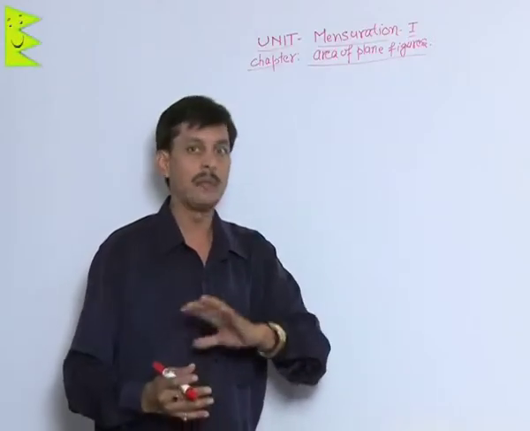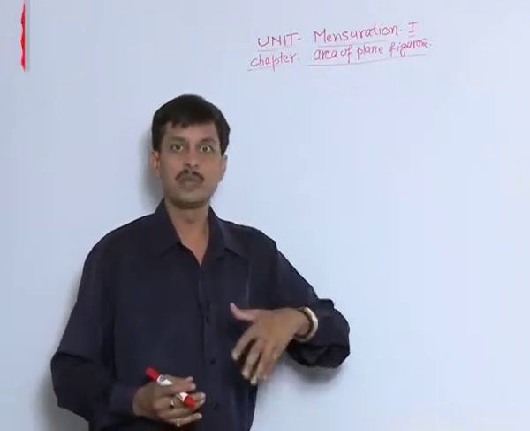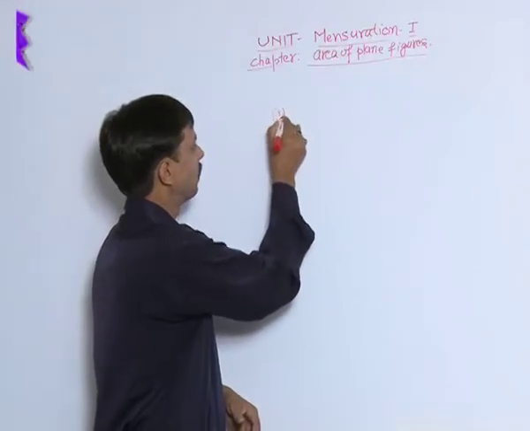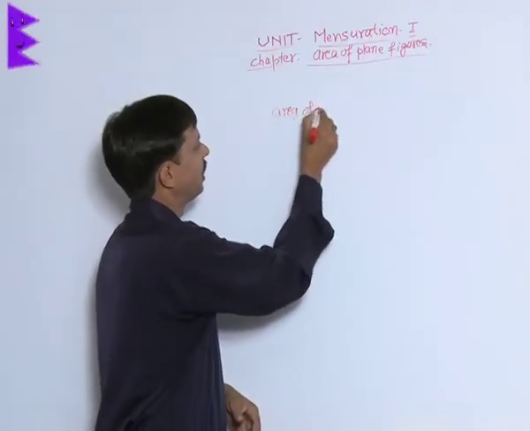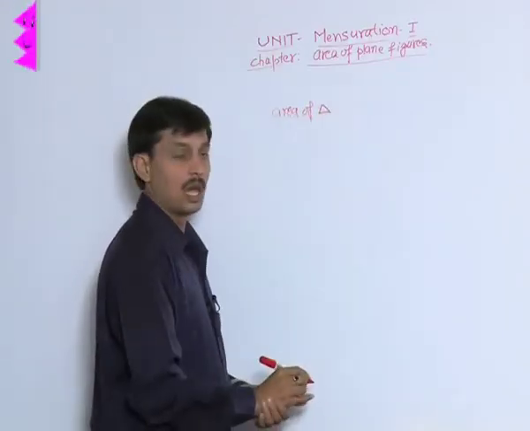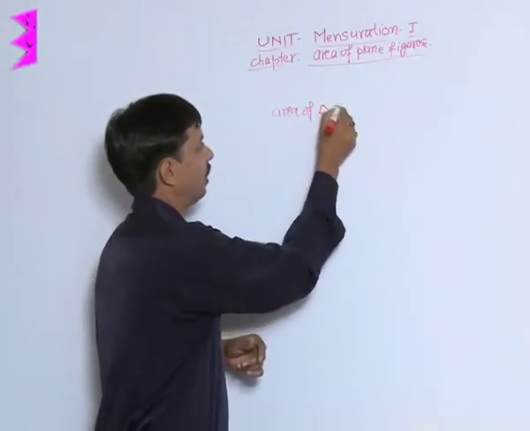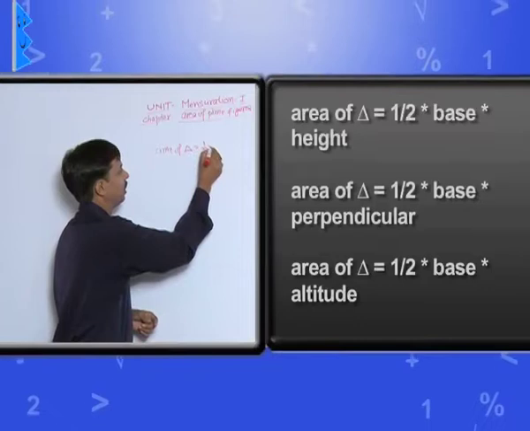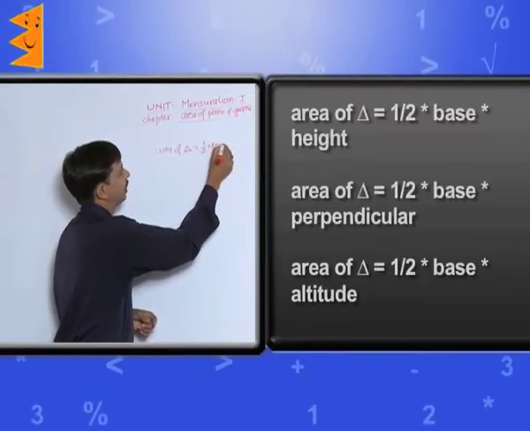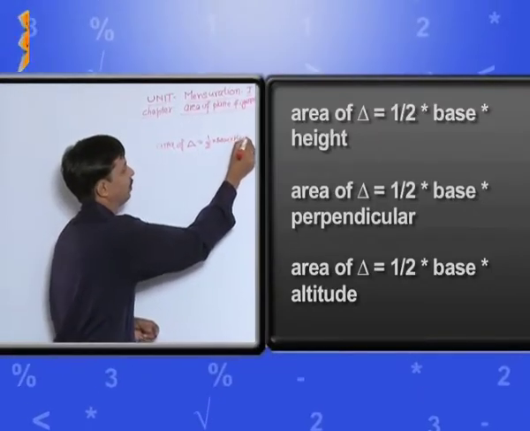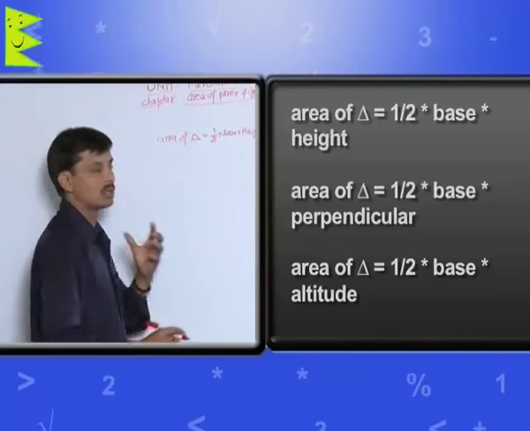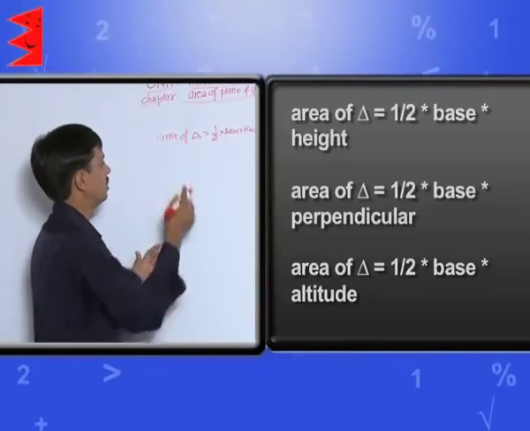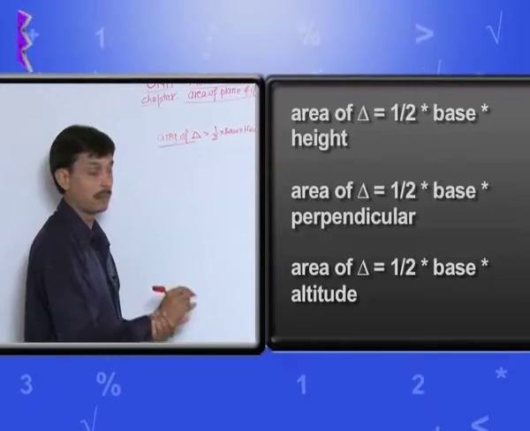So you should have a proper idea of the area of a triangle, which I am writing here. First of all, one of the formulas for the area of a triangle is half into base into height. We say half of base into height, or sometimes half base into perpendicular. Number one, this is the area of a triangle.